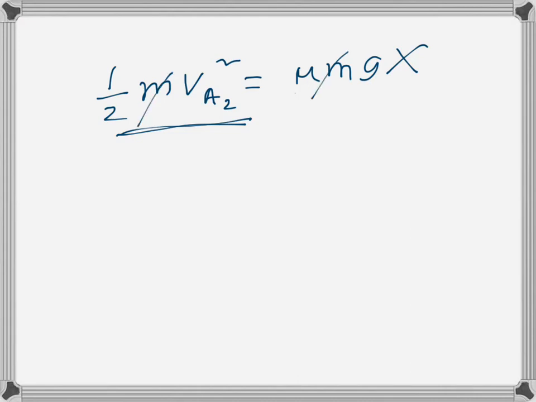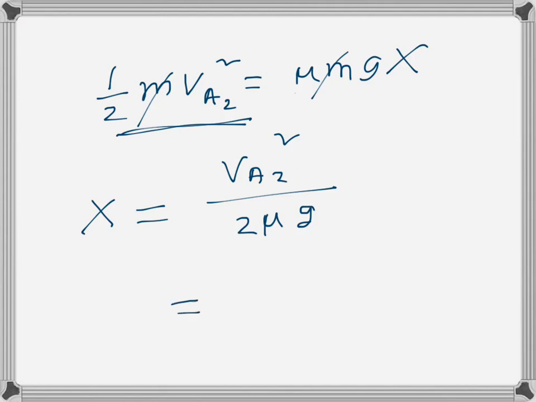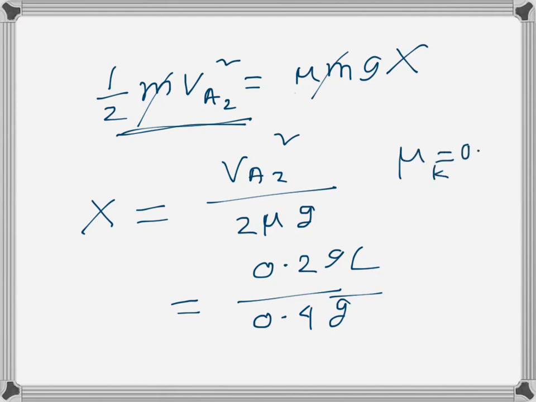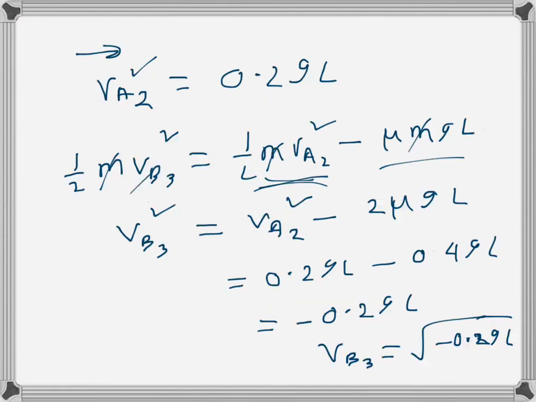M is getting cancelled, so X will be VA2 square over 2 mu G. Yeah, that means VA2 square is 0.2 GL and 2 mu is 0.4 G, because mu is 0.2, mu K actually 0.2. I have always used just mu, maybe I should be using mu K, because it's not mu S, it's the kinetic friction coefficient.